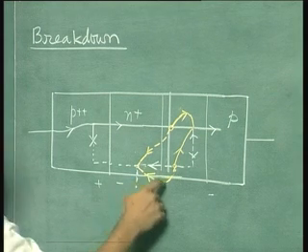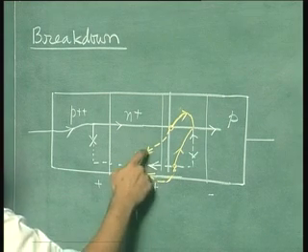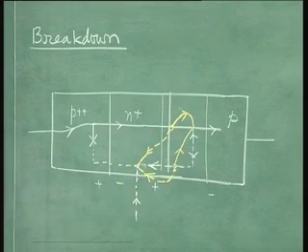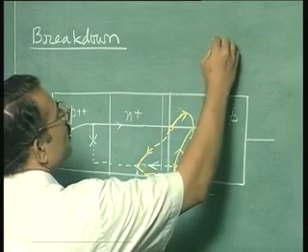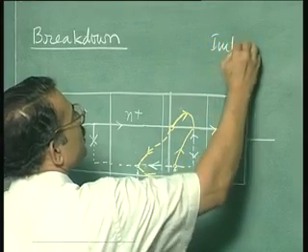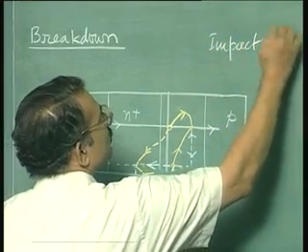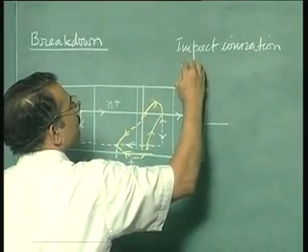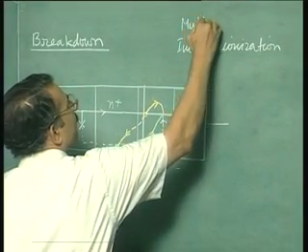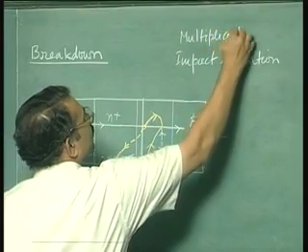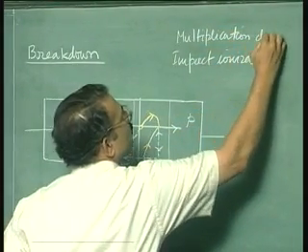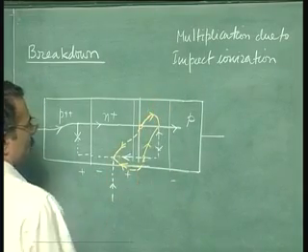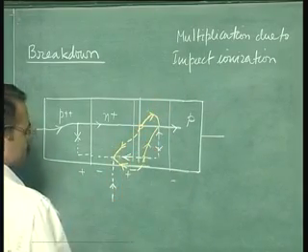These are the extra electrons which have come, electron hole pairs which are generated because of multiplication. So this is multiplication due to impact ionization. This is what is shown here, this and this.